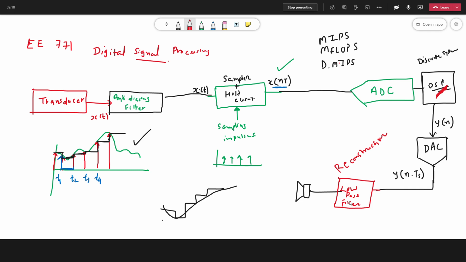So you will be converting it into the digital, and those digital information representing the signal will be processed for digital RMS. That will be done by the digital signal processor.